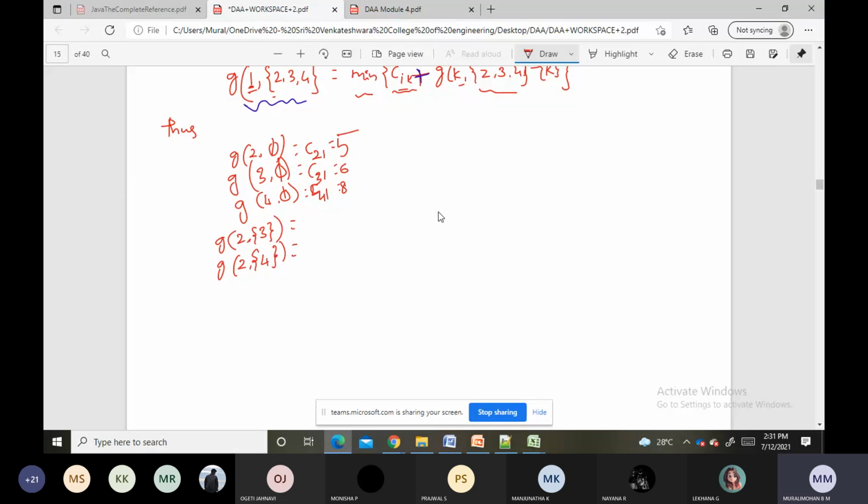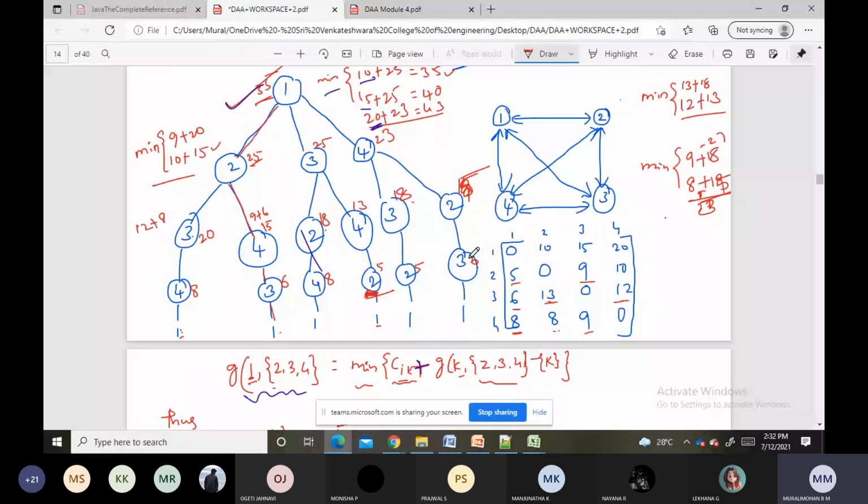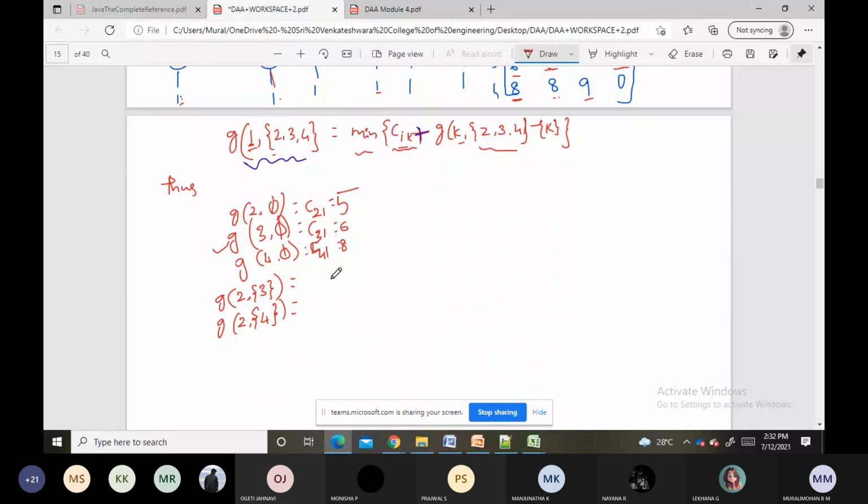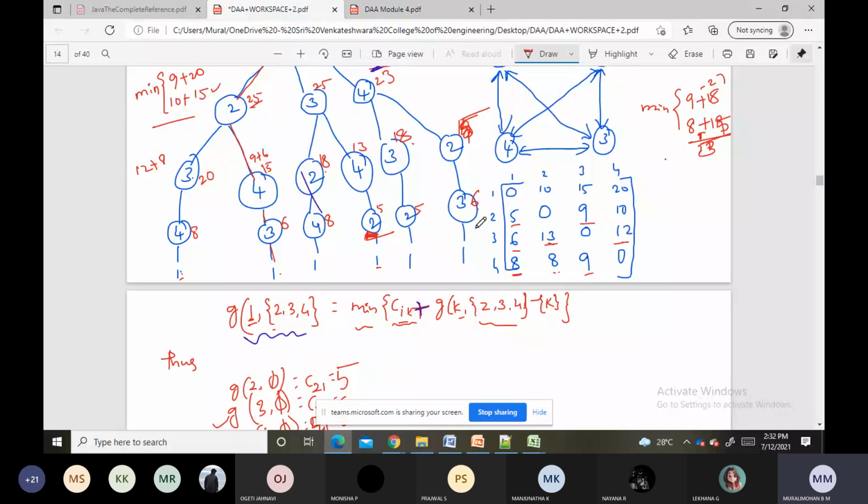So how to find these two? What does our formula say? It is equals to this one. So 2 to 3, just observe here. If I want to go 2 to 3 plus 3 to 1, 3 to 1 we already calculated here, right? So it is 2 to 3 plus 3 to 1.